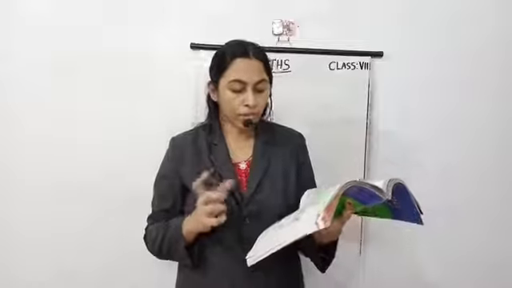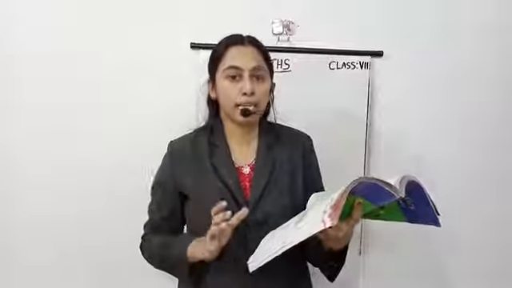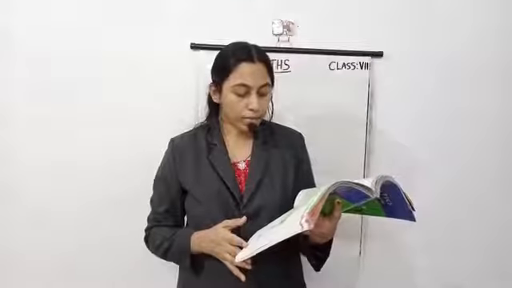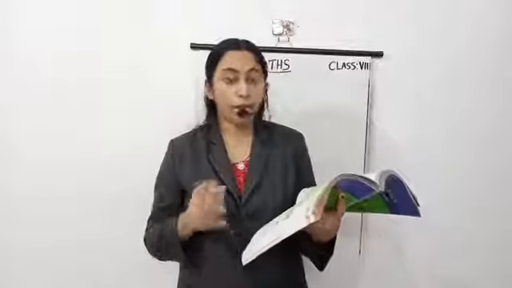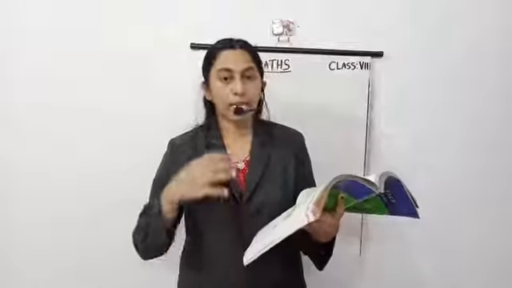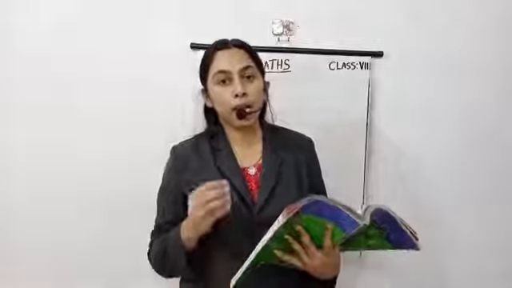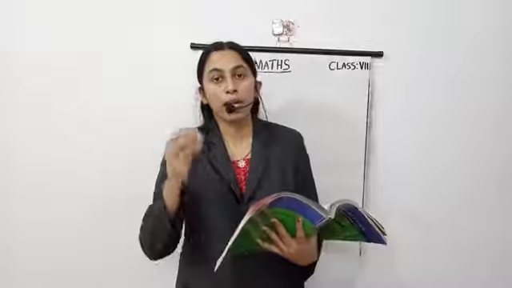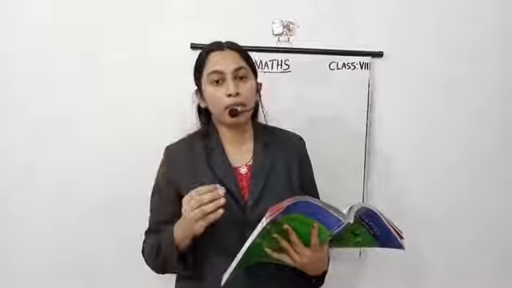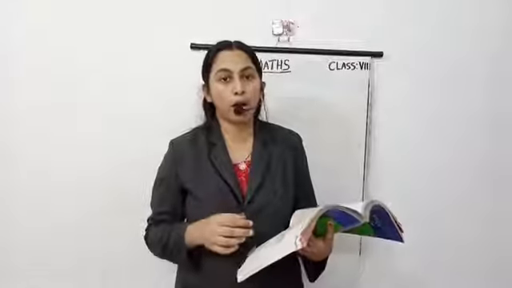So first we need to find the difference of those prices. That difference is the increase amount. So 3,70,000 minus 3,50,000, we get that increase amount. Then we calculate the increase percentage using the formula increase amount by original price into 100. So this is for homework.